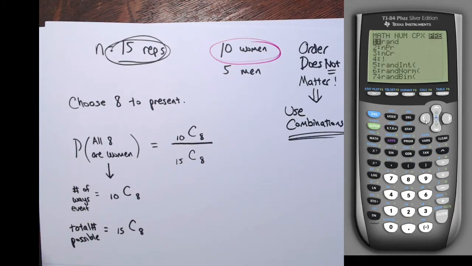I hit the math button over to PRB there, and then number 3 is nCr, combinations. 10 choose 8 in parentheses in the numerator, divided by, and then in parentheses 15 choose 8. Right, the total number of groups of 8 I could make from all 15 people. 15 choose 8.